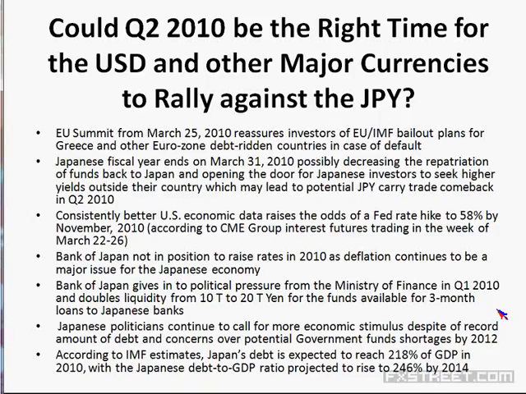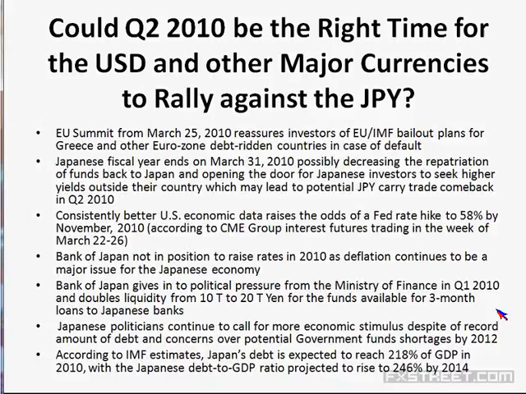Bank of Japan doubled the liquidity from 10 trillion to 20 trillion yen for the funds available for the 3-month loans to Japanese banks. Japanese politicians continue to call for more economic stimulus, despite the record amount of debt and concerns over potential government fund shortages by 2012 in Japan.